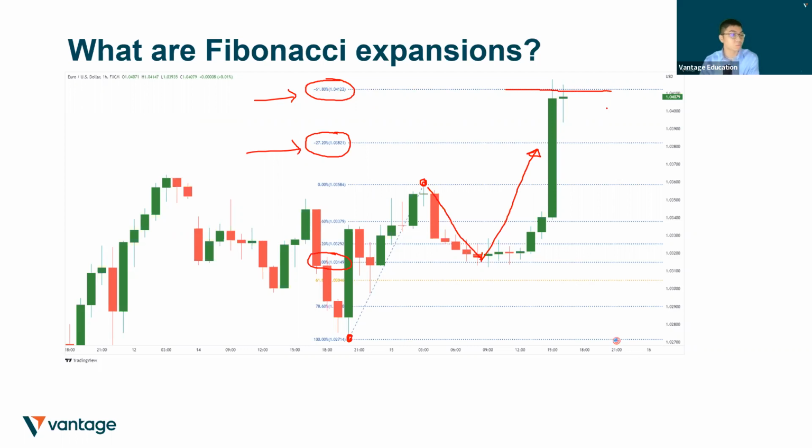It's also good for locating potential entry and take profit zones. Let's say you are in a buy right here with your stop loss below, your first take profit area could possibly be the negative 27.2%. It could be your TP1, and this area as your TP2, your final take profit.